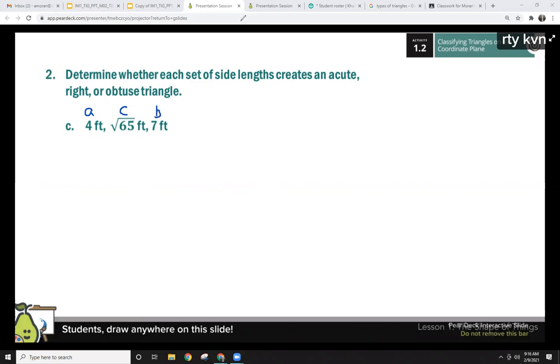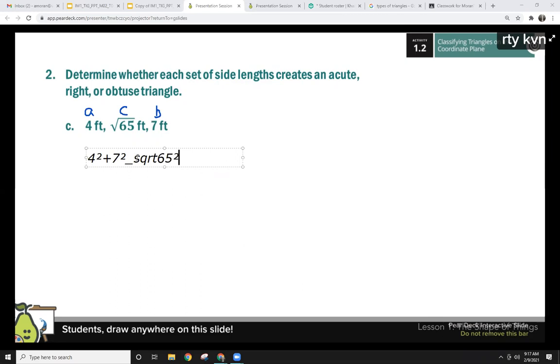Okay. So type it in, a squared plus b squared equals c squared. So we got 4 squared plus 7 squared. Is that less than, greater than, or equal to the square root of 65? 65 and then square.